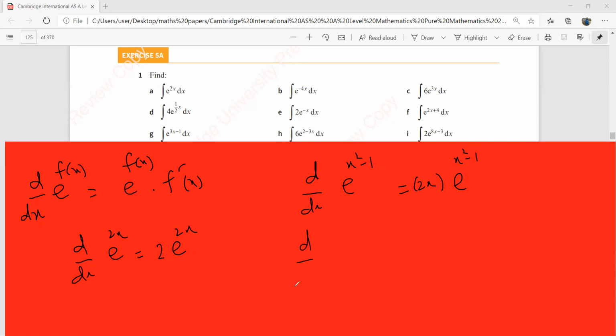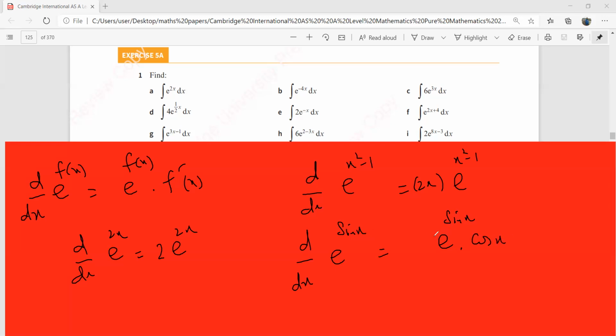We have even seen the derivative of e raised to power sine x. So that is e raised to power sine x times cos x. That is the derivative of sine x.